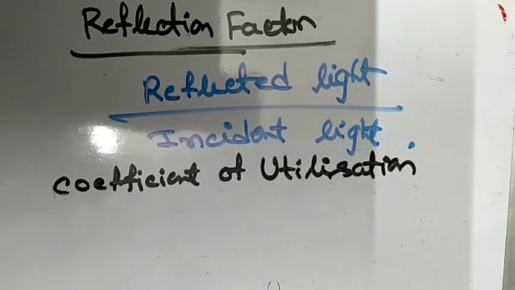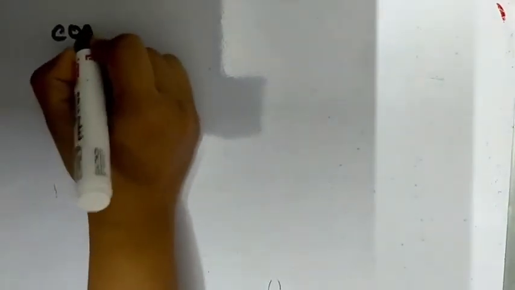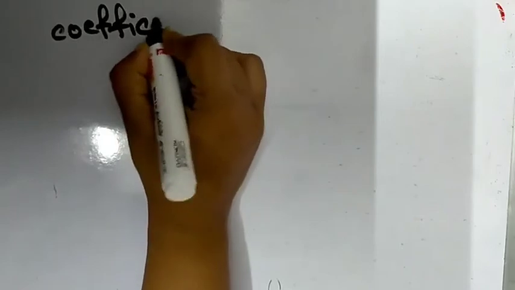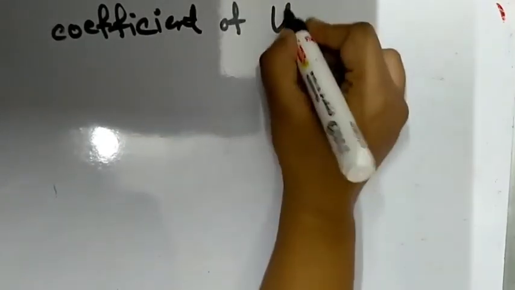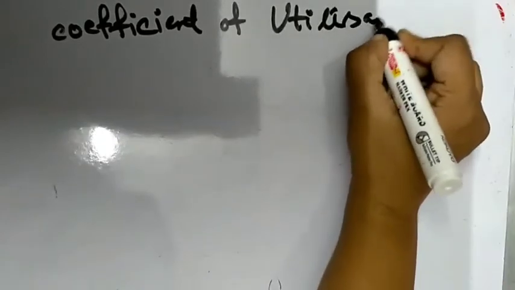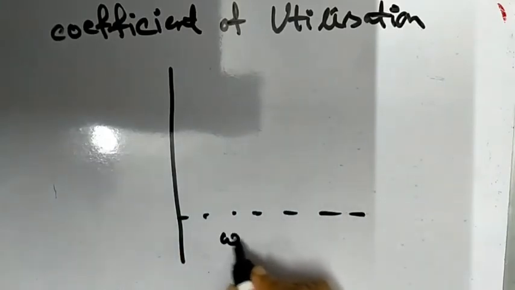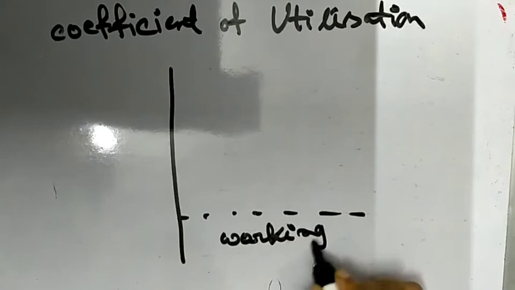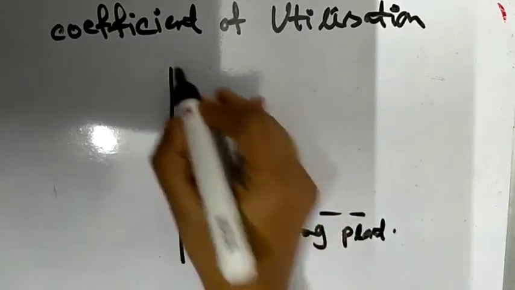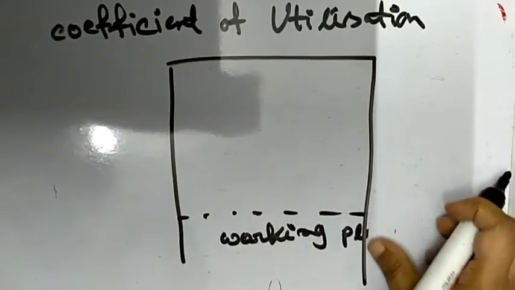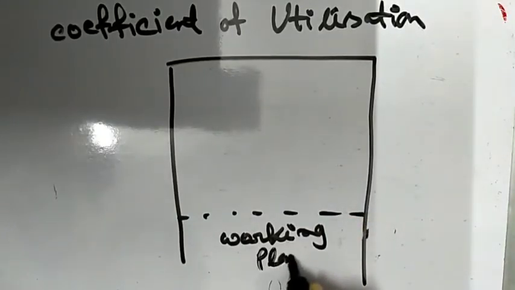Now, some portion of light falling within angle 1, I will just draw the picture so you can understand it better. This is the working plane.